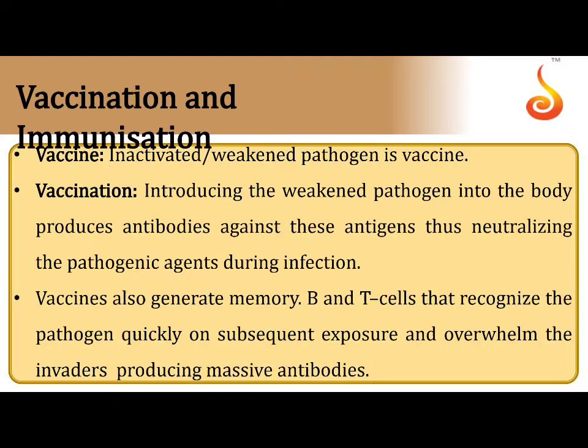Vaccines can be defined as inactivated or weakened pathogens. Vaccines are broadly classified into 6 different types. First one is inactivated. Second, it is attenuated. Third, it is toxoid.